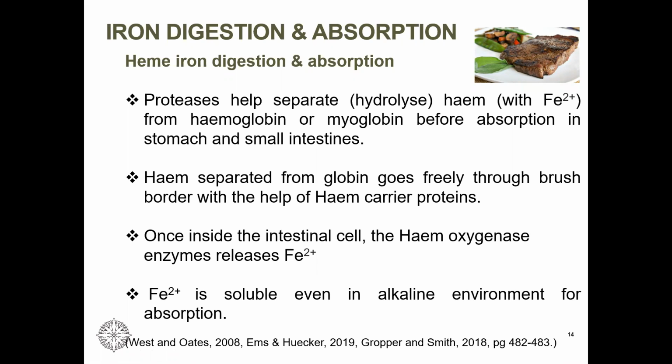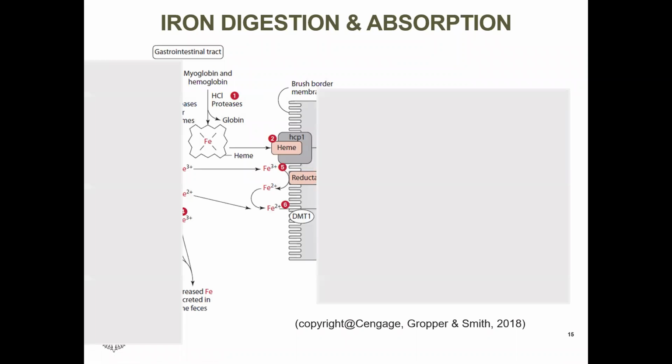So it is not dependent on vitamin C or the pH milieu of our gut. Heme we can easily absorb. So that is the part of the diagram, and the other one I have hidden. So this is what's happening here. We have this special protein, heme carrier protein, that carries heme.